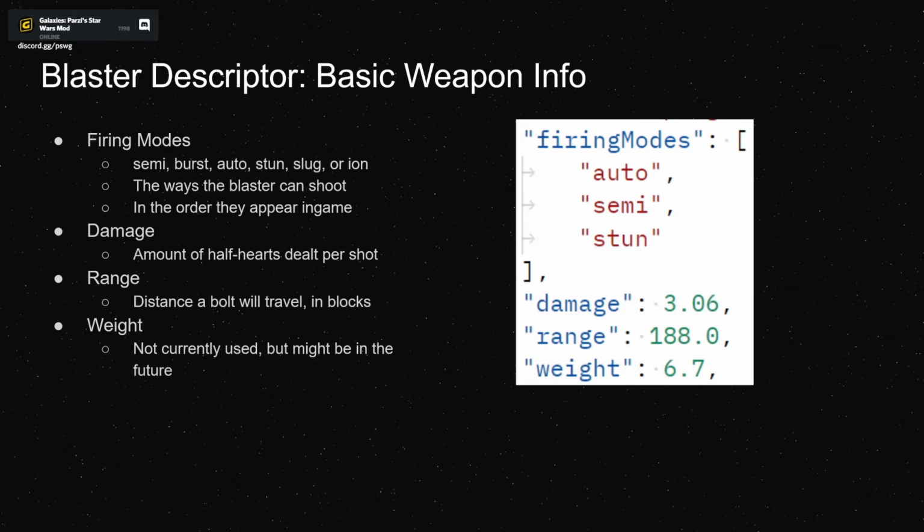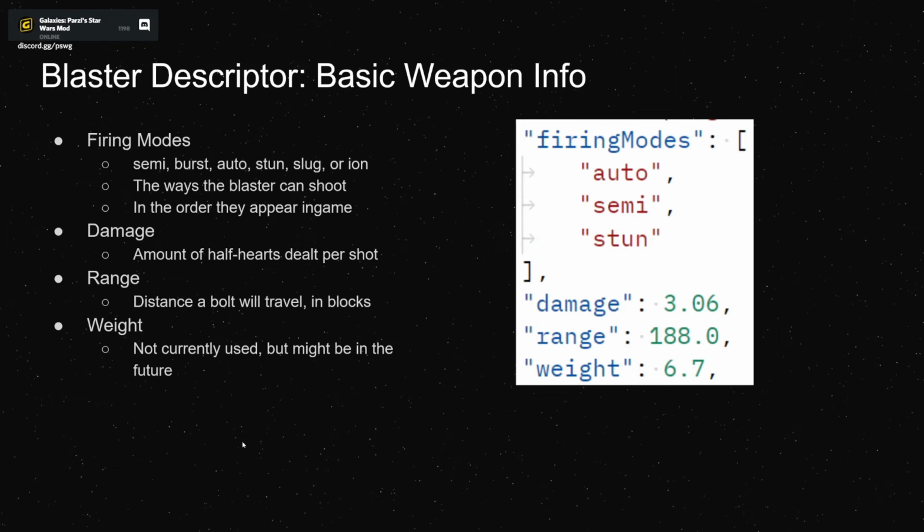The next one is the amount of damage that each bolt will deal when it hits the player, and that is in half hearts, which is the in-game damage unit. The range is the distance that each bolt will travel in blocks before dissipating.